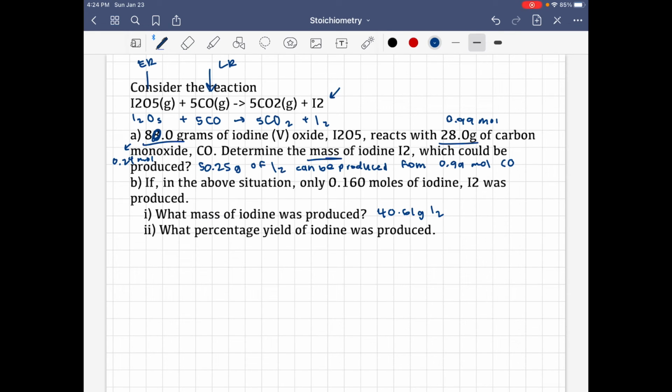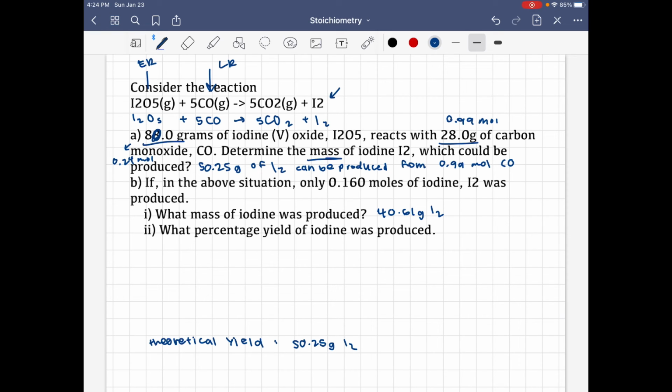Now, part 2: what percentage yield of iodine was produced? What we found earlier is actually our theoretical yield. Our theoretical yield is that 50.25 grams of I2 will be produced.